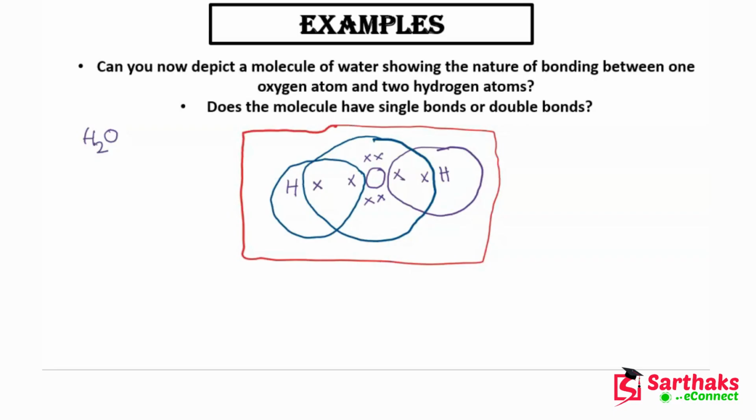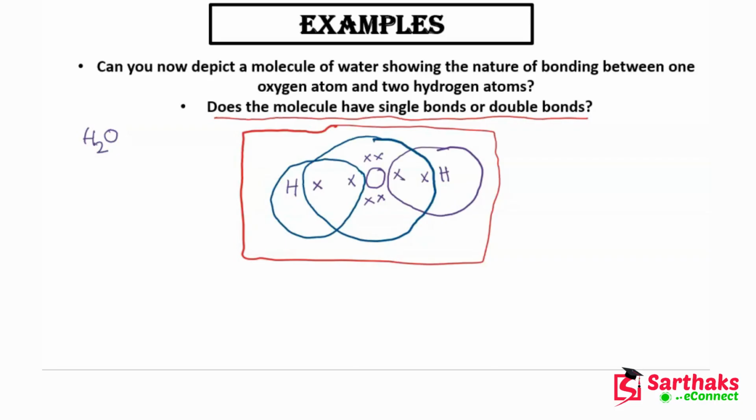Now let's talk about another question in this slide: does the molecule have single bonds or double bonds? We all know the difference between single and double bond. In a double bond there is a sharing of 2 pairs of electrons, and in a single bond there is a sharing of only 1 pair of electrons.